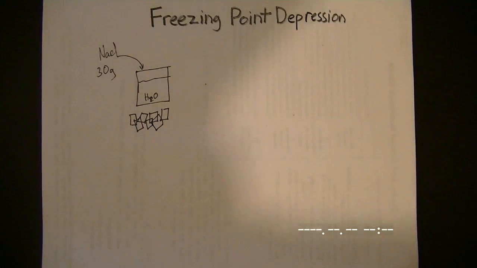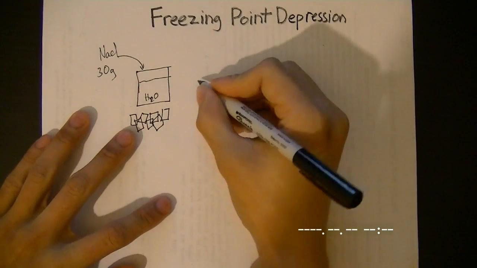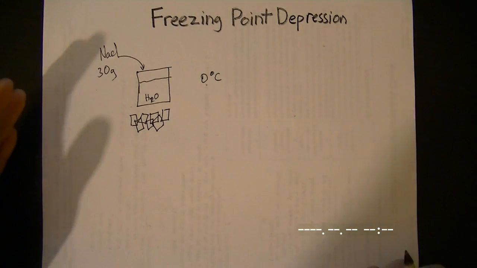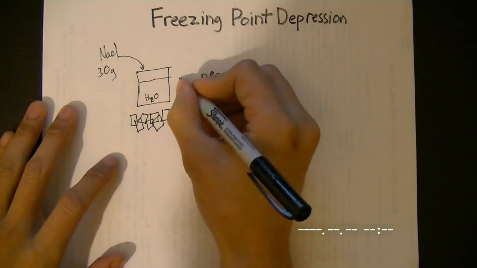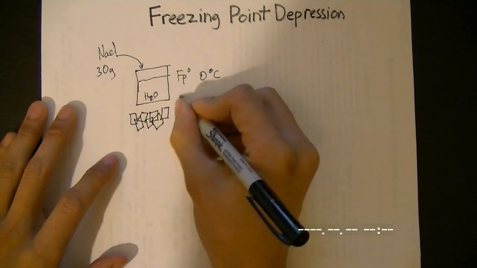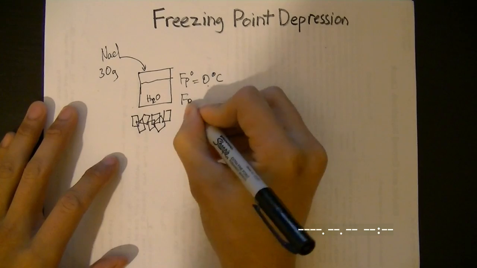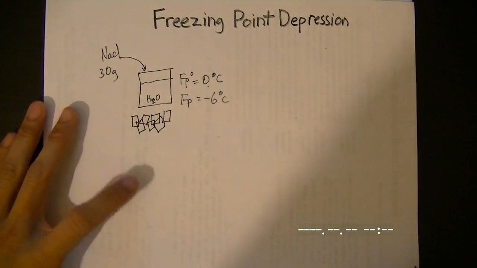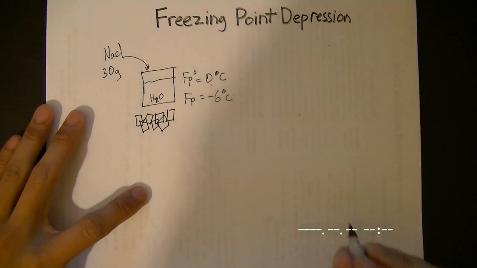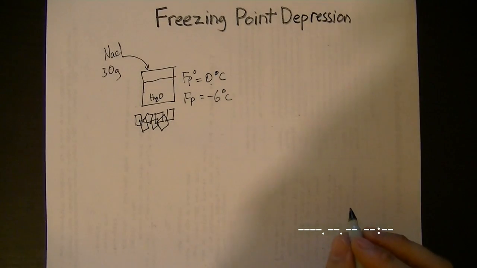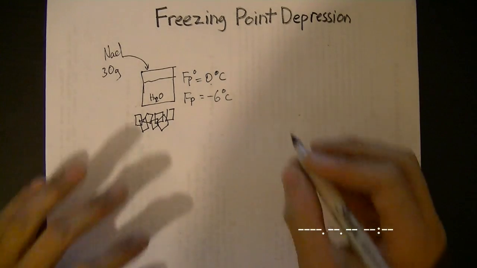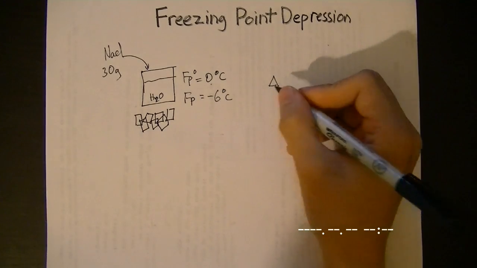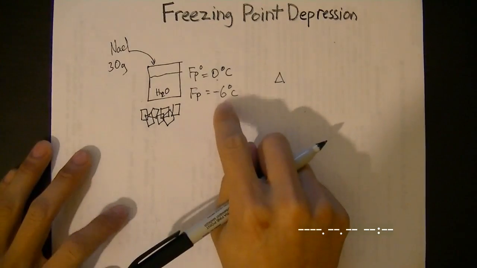Essentially, normally we know that the freezing point is 0 degrees Celsius, but in this case, the freezing point might be, so this is a freezing point not, the freezing point might be around -6 or something degrees Celsius. And the same type of equation applies to find the change in temperature that allows us to see the new freezing temperature.